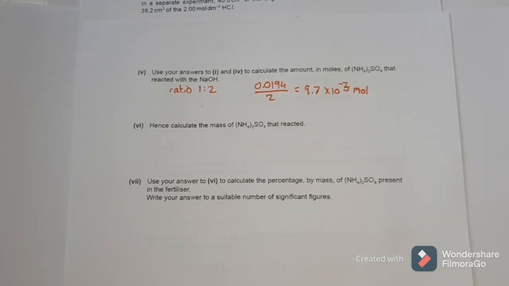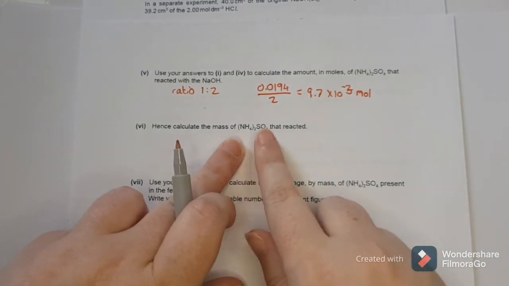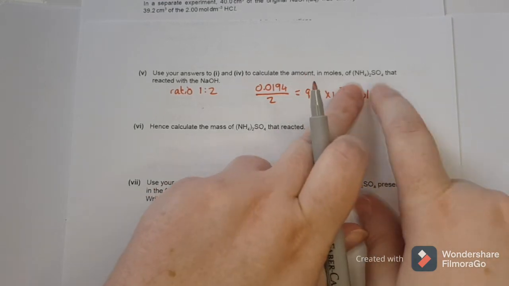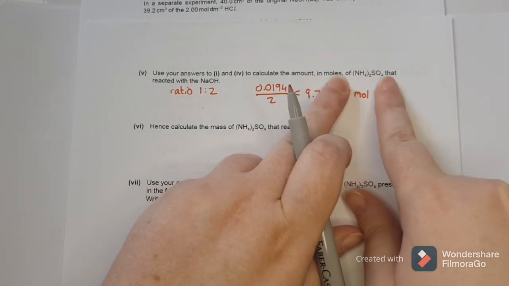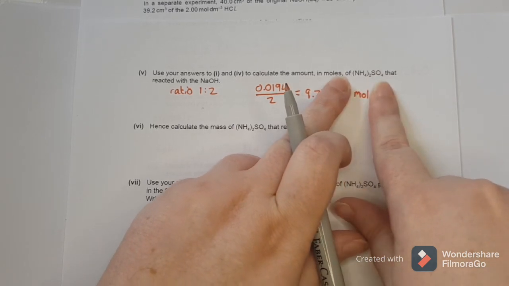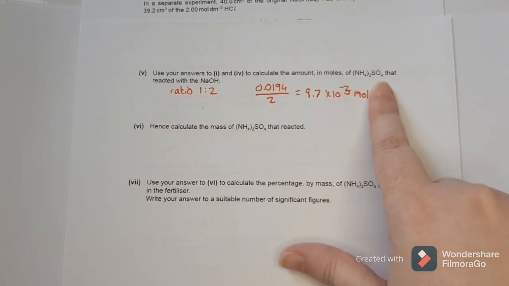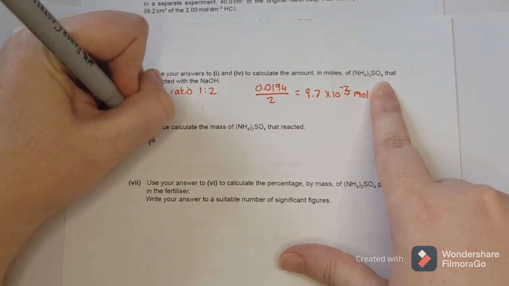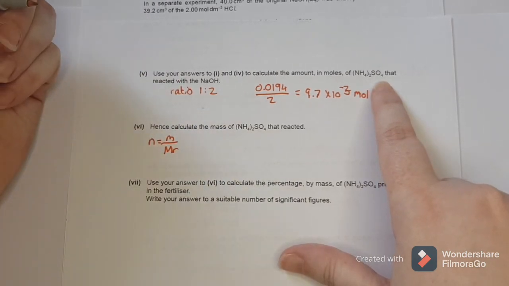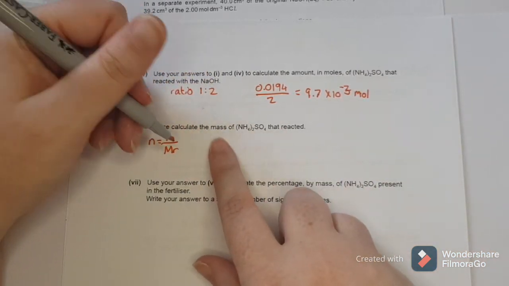Then it says, hence calculate the mass of the ammonium sulfate. So now I have the moles, and I have the equation in terms of the formula. So because I have that formula and I have a periodic table, I can calculate the molecular mass. So I can use my equation n equals m over Mr, and I want mass.